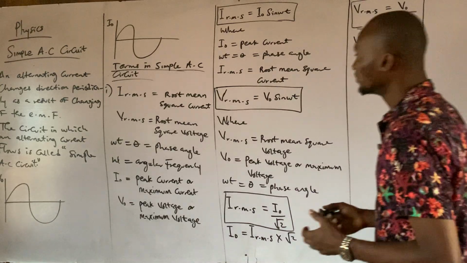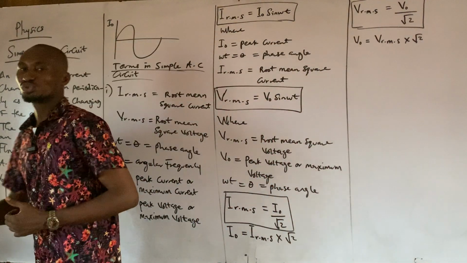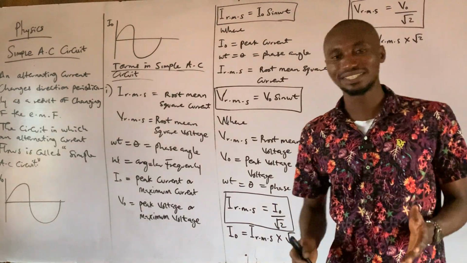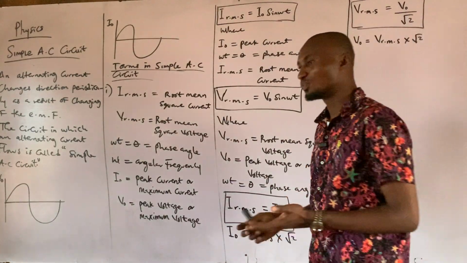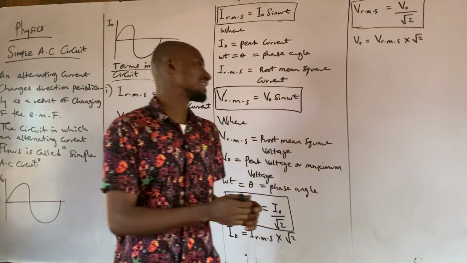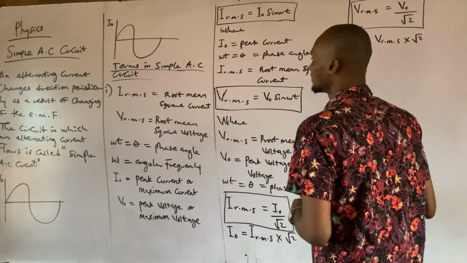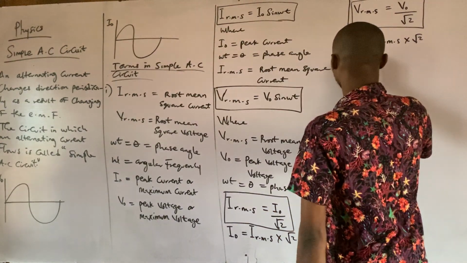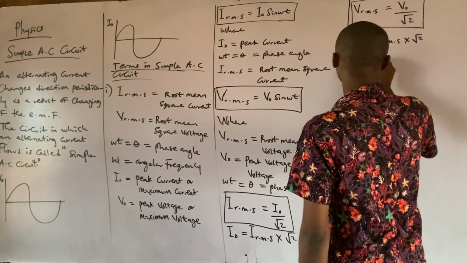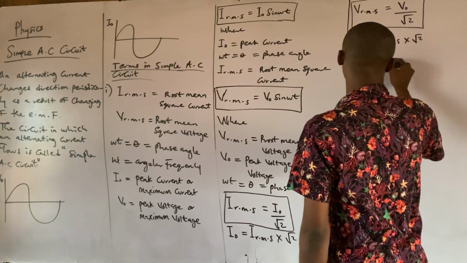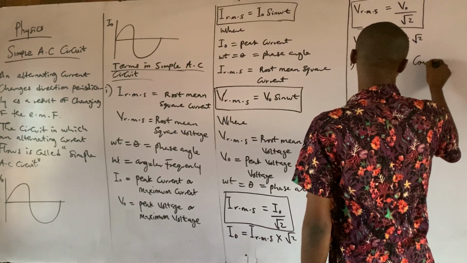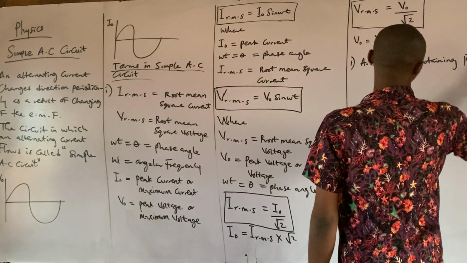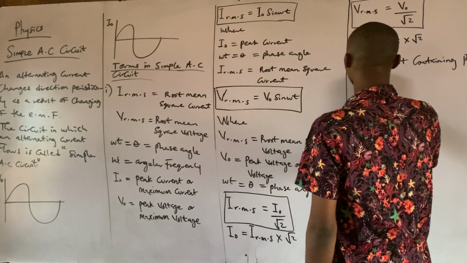So, having known this now, I want to teach you how to know AC circuit diagrams in case you encounter them in a question. Now, let's start off with 1. AC circuit containing resistance only.